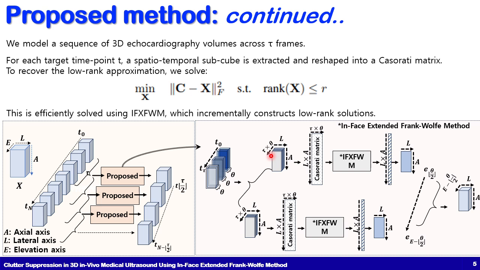In a typical 2D ultrasound, we don't have theta, and tau is usually quite high because of the high frame rate.